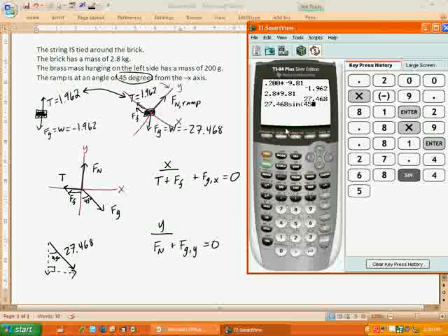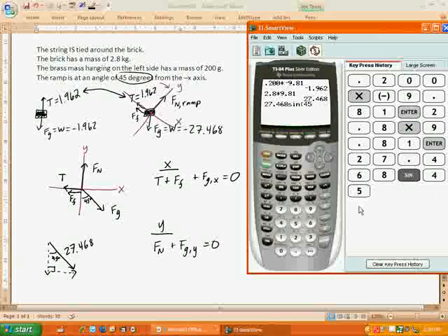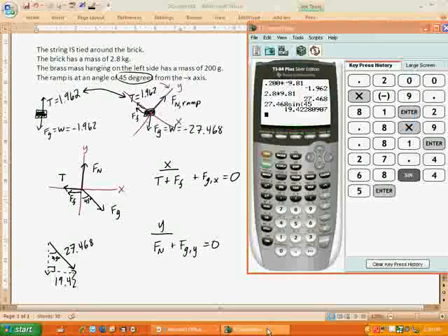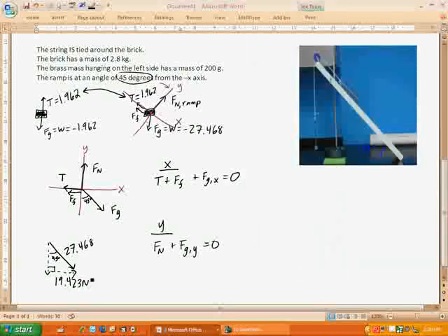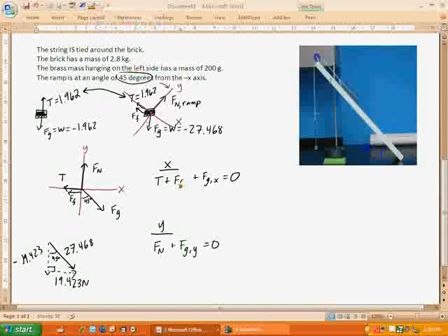And sine is the opposite side, opposite from my angle. That gives me 19.423. Since it's isosceles, this one will also be 19.423. This one will be negative because it's going down, and that one will be positive because it's going to the right.